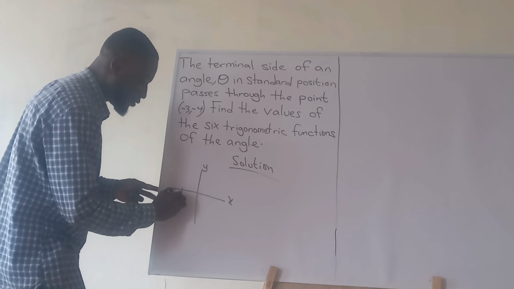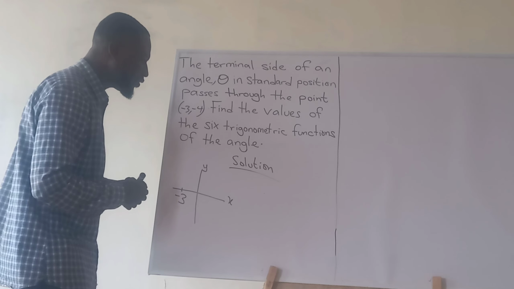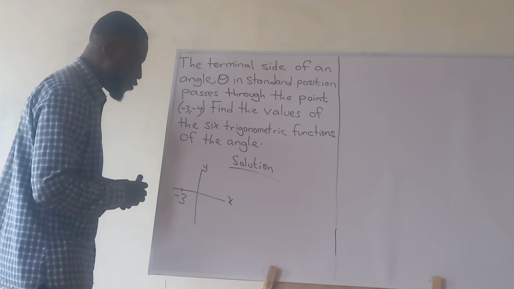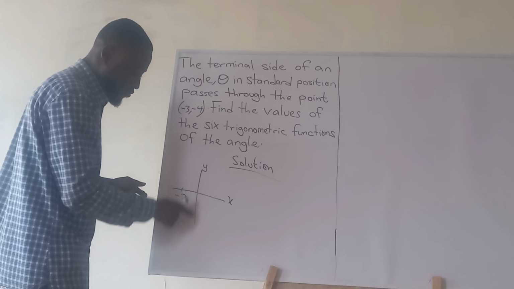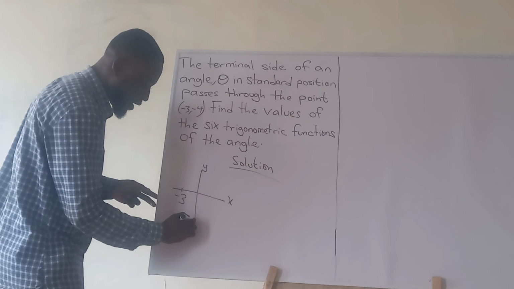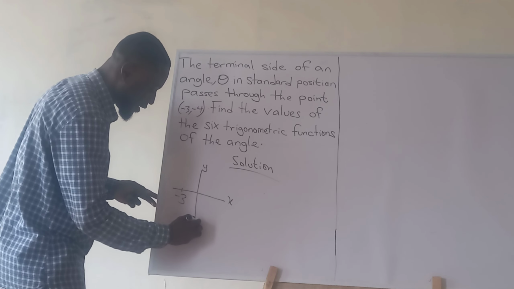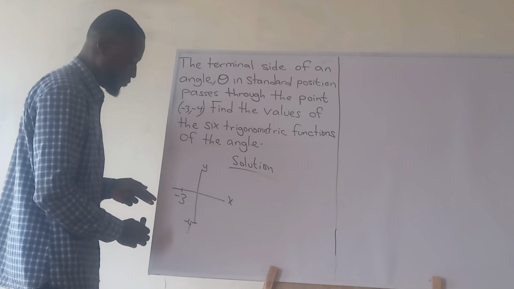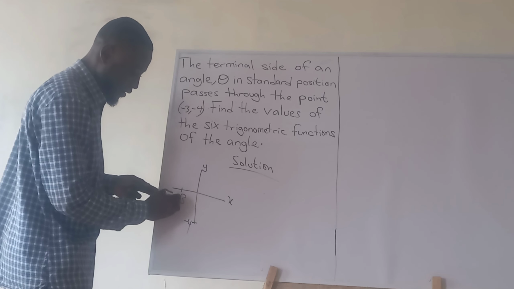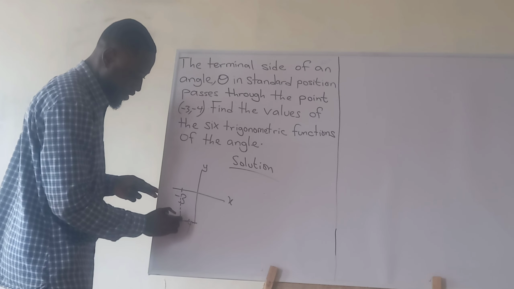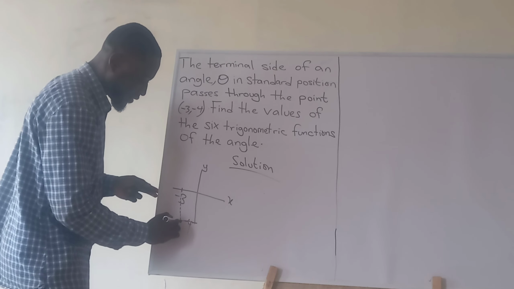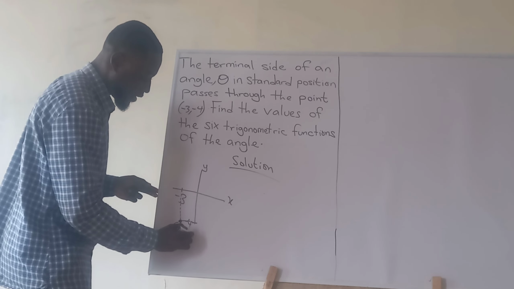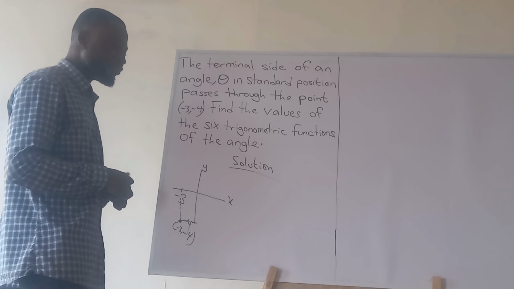Let me write it well. -3. And our -4, that's on the y-axis. Negative will be found somewhere here. So -4. So meaning our point will be found somewhere here. That's -3, -4.